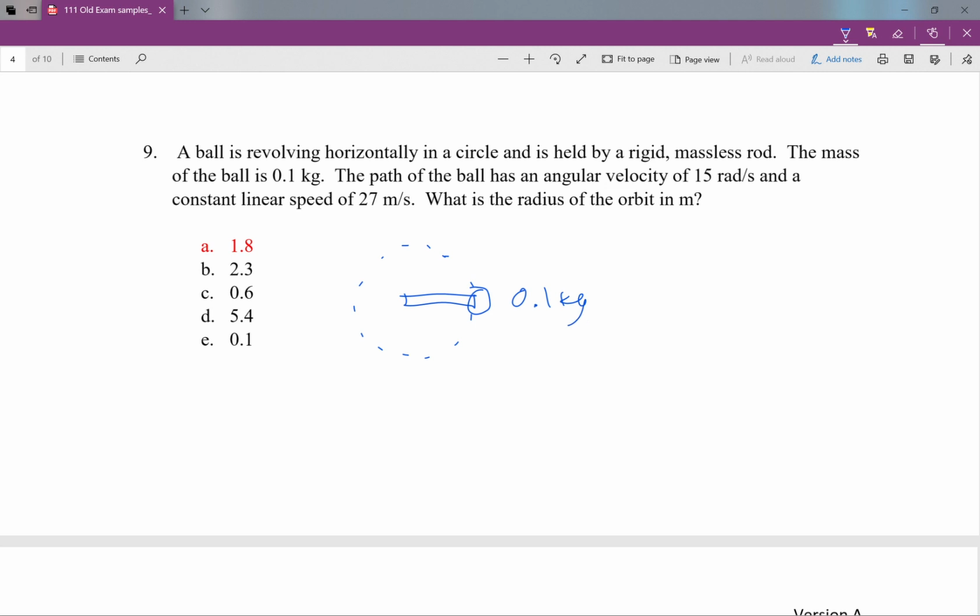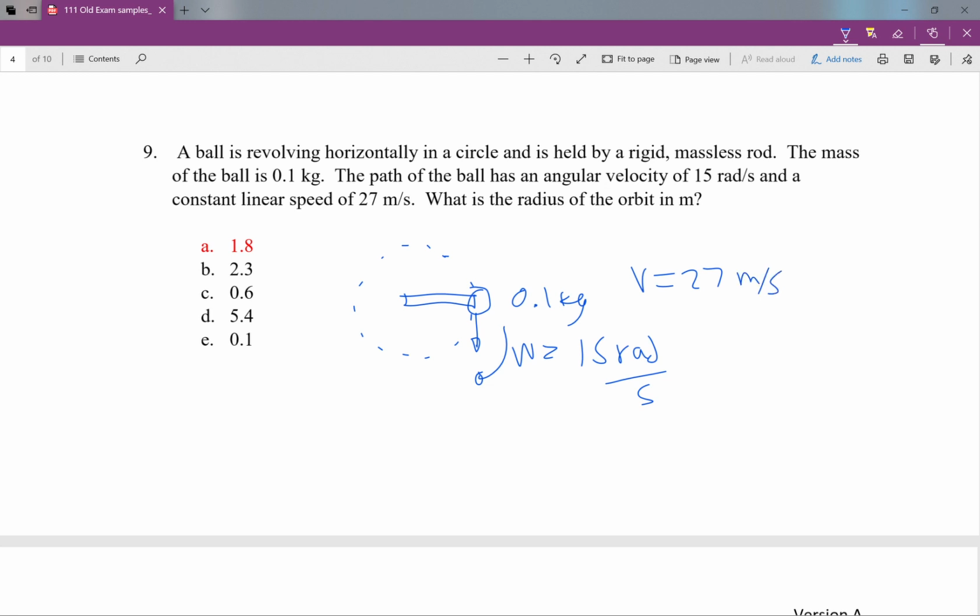The path over here has an angular velocity, omega, equal to 15 radians per second. We do know the linear speed, so v equals 27 meters per second.